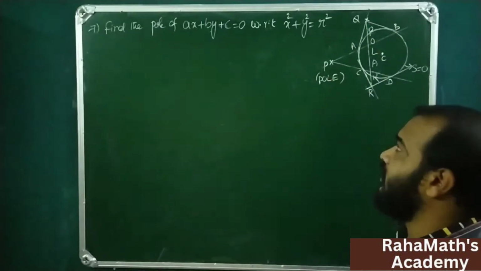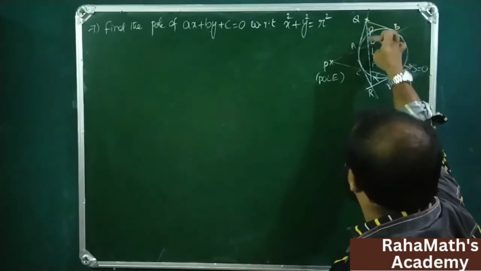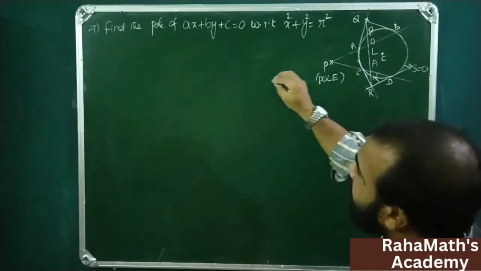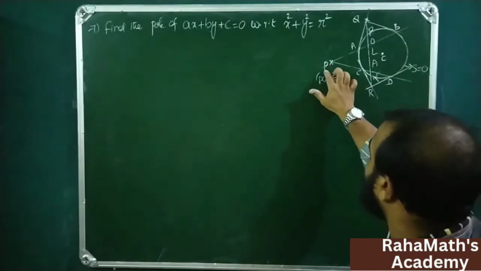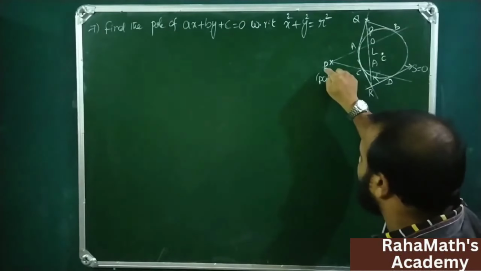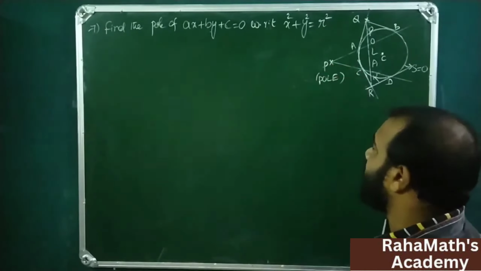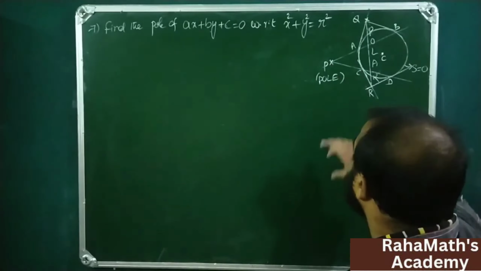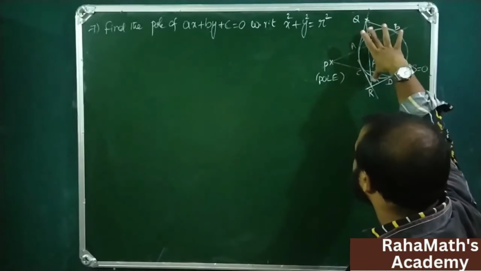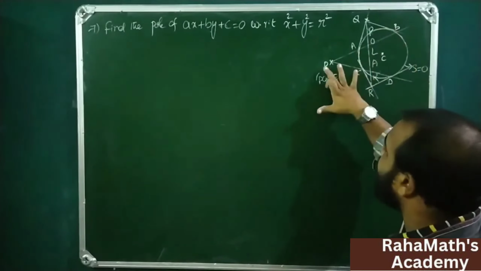This time the line is given and we are asked to find the pole P of this polar, that is the point P x1 y1. Polar is a straight line, pole is a point.